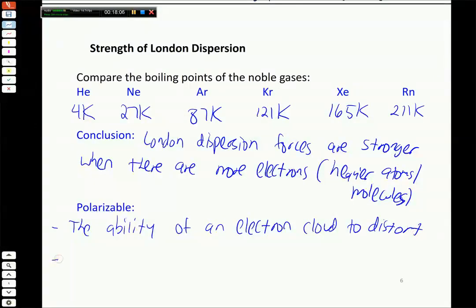And the reason that these heavier elements, heavier atoms, have stronger London dispersion forces is because in these heavier elements, the outer electrons are more polarizable. As we talked about back in chapter 2, as you go to lower and lower rows in the periodic table with more and more electrons, you're going to fill subshells that are further and further away from the nucleus.